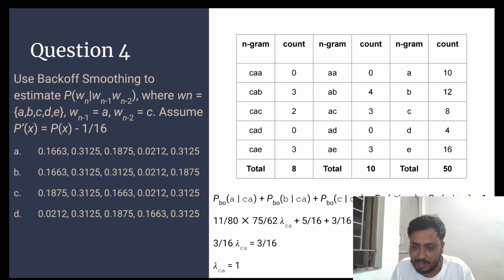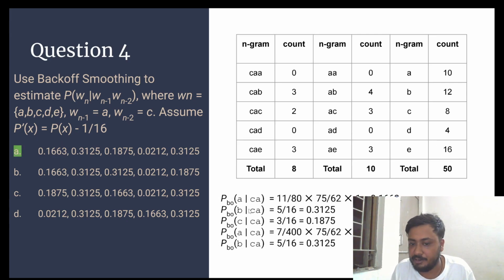Alright. So again in this equation we have put in the value of lambda A, and then we can solve for lambda CA. So lambda CA actually comes to 1. So now you know the value of lambda A, you also know the value of lambda CA. Now you can calculate all the individual trigram probabilities which they have asked you in the question.